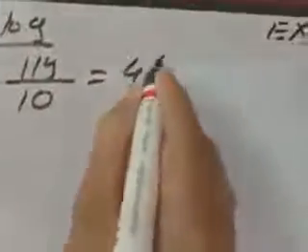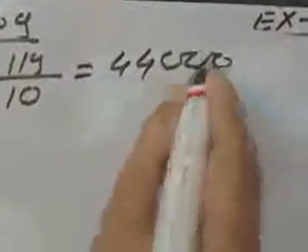According to the question, this 11y by 10, that means SP, is equal to 44,000.